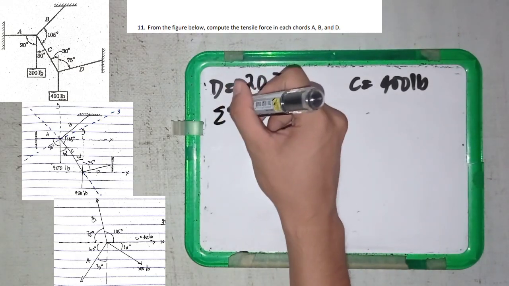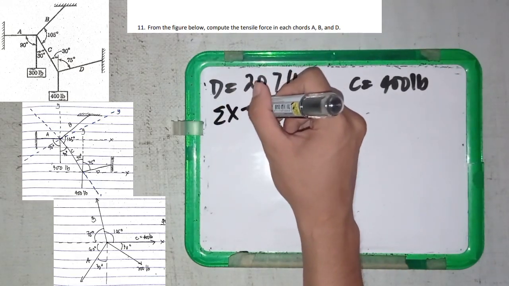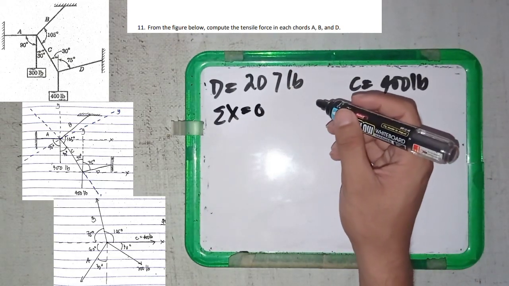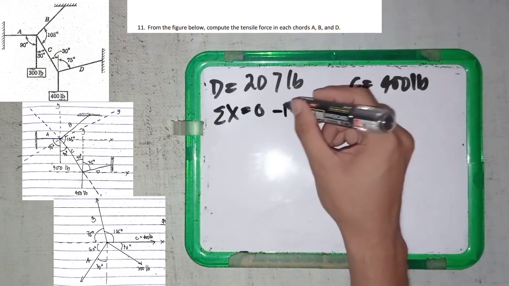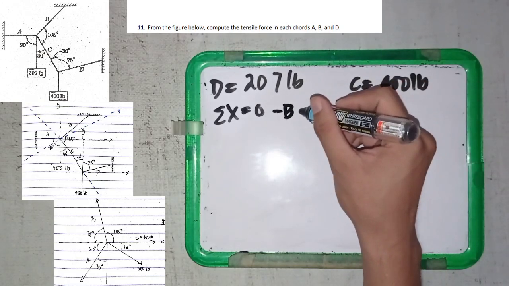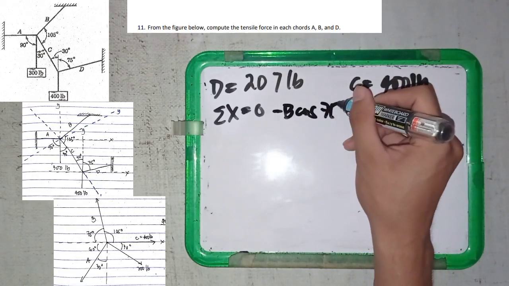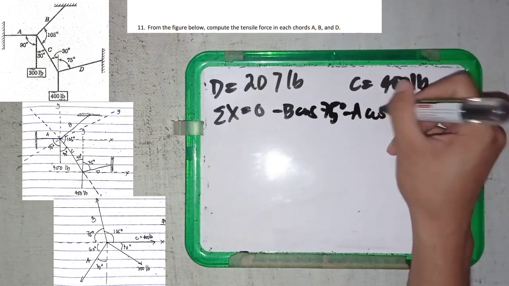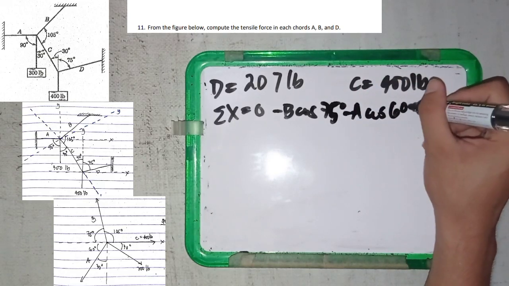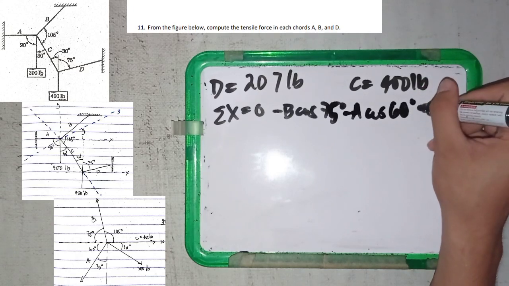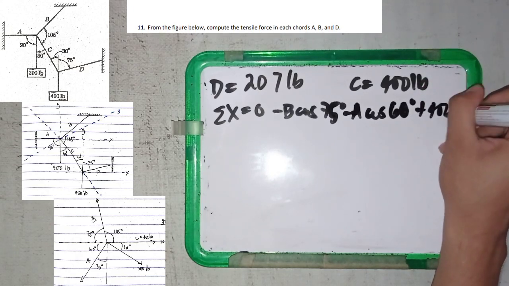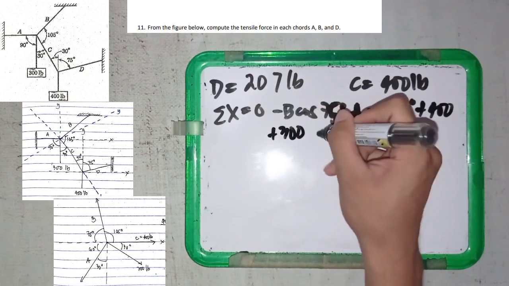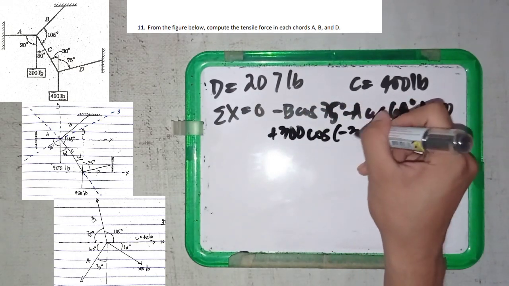First, equate the summation of x equal to 0. What we observe here gives this equation: negative B cosine 75 degrees, this is long, A cosine 60 degrees plus 400 pounds plus 300 pounds cosine negative 30.